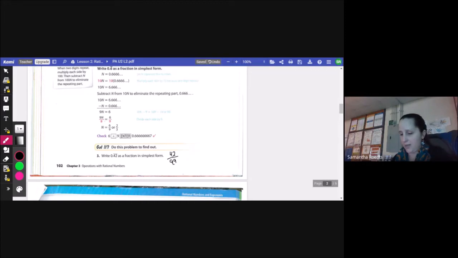So 42 over 99, which would give you 0.424242, can actually be reduced to 14 over 33. Okay, this trick only works if the bar is over all the numbers that are behind the decimal.